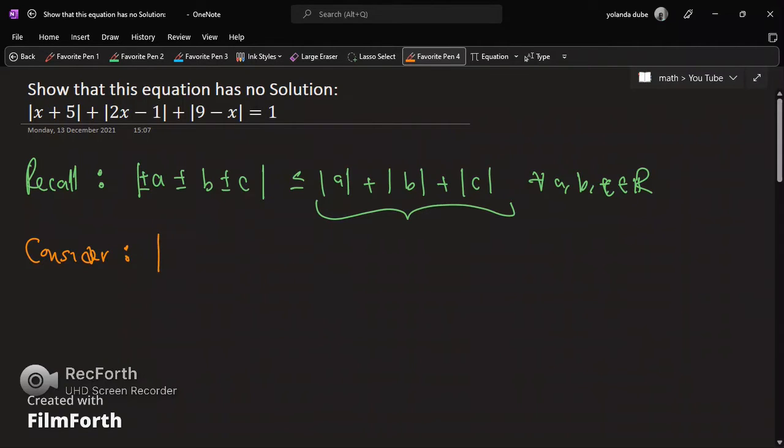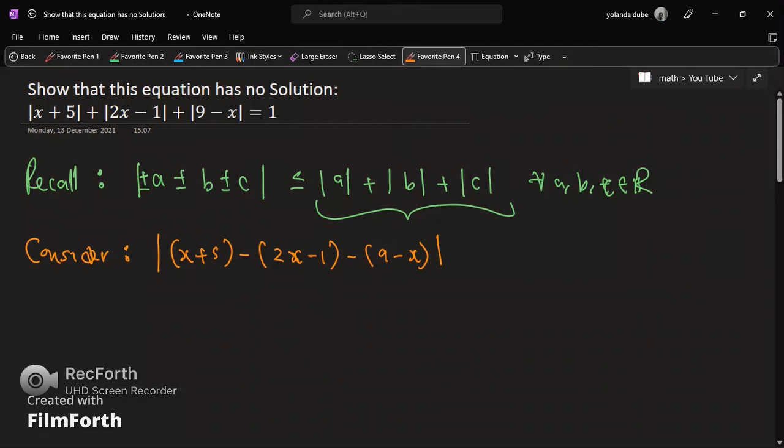Let's consider the absolute value of x plus 5 minus the absolute value of 2x minus 1 minus the absolute value of 9 minus x, which is just me taking these and taking the appropriate signs randomly from there. You will see why I had to give these two negative signs.